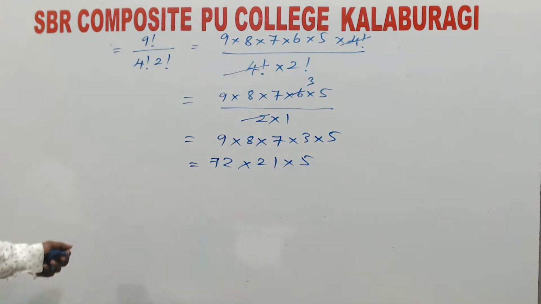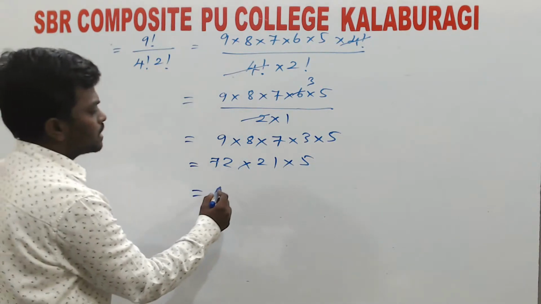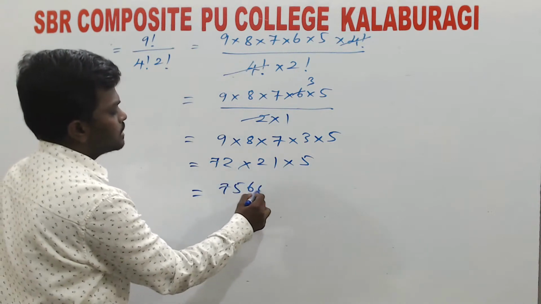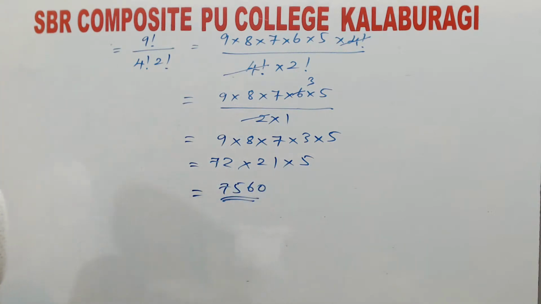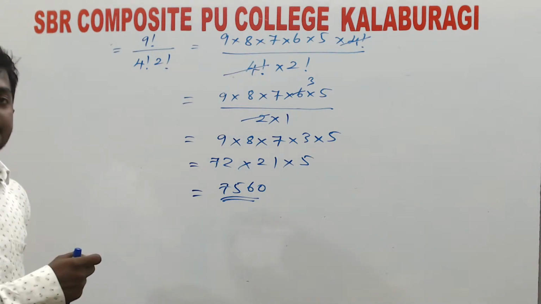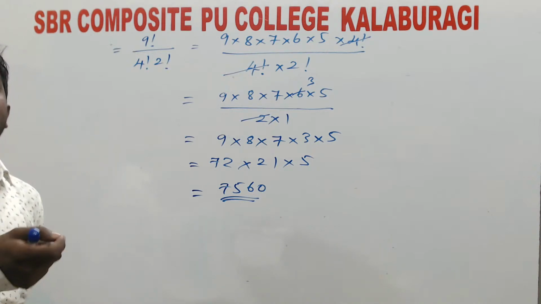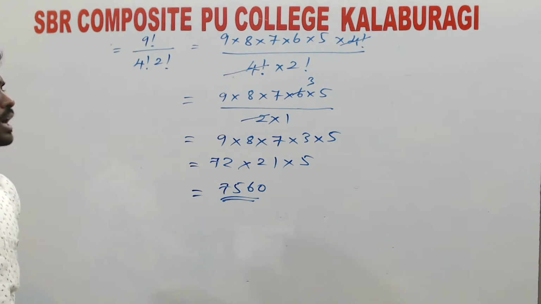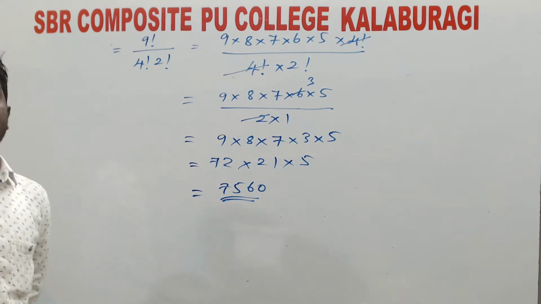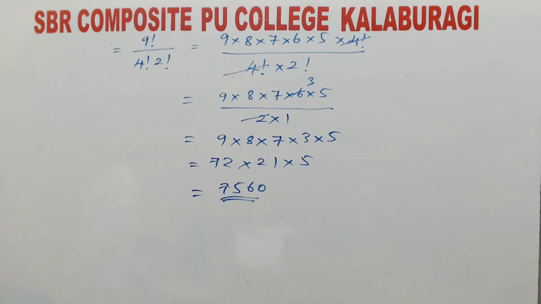So now multiply this. What will be the answer? It will be 7560. Okay. So this is how you solve the questions when the letters in the word contain similar objects. When it is similar, you have to use such type of formulas.